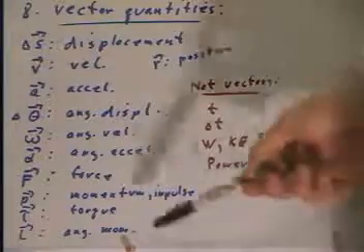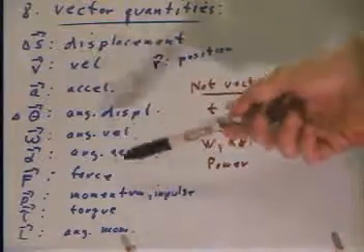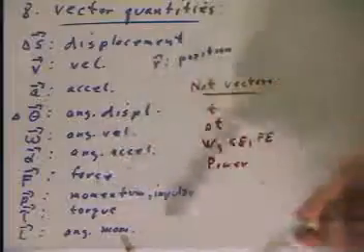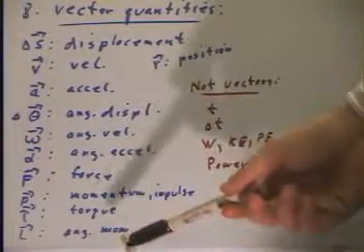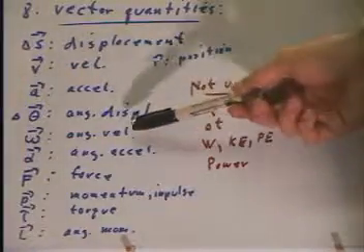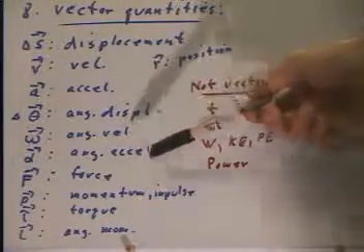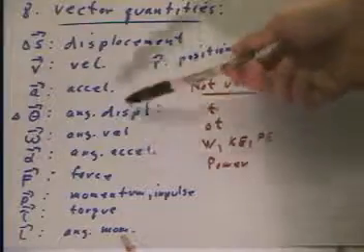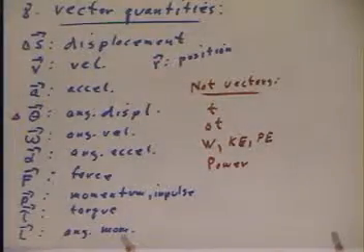Okay? And then we have force, which is clearly a vector quantity with magnitude and direction, momentum and torque, and angular momentum. If angular displacement has a direction in space, then angular velocity has the same direction as the corresponding angular displacement.